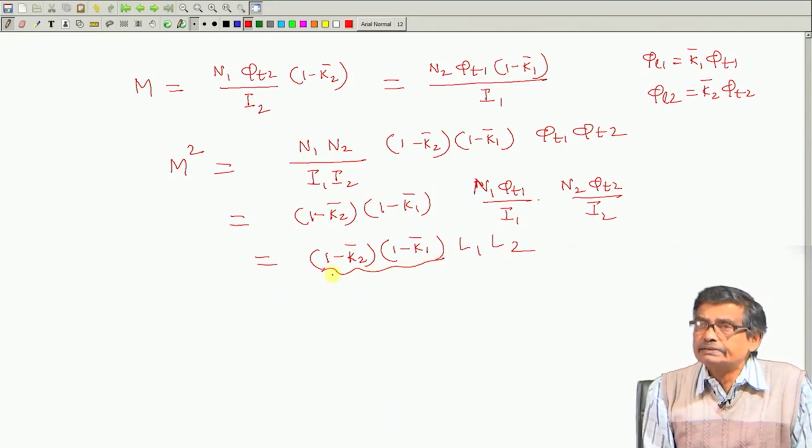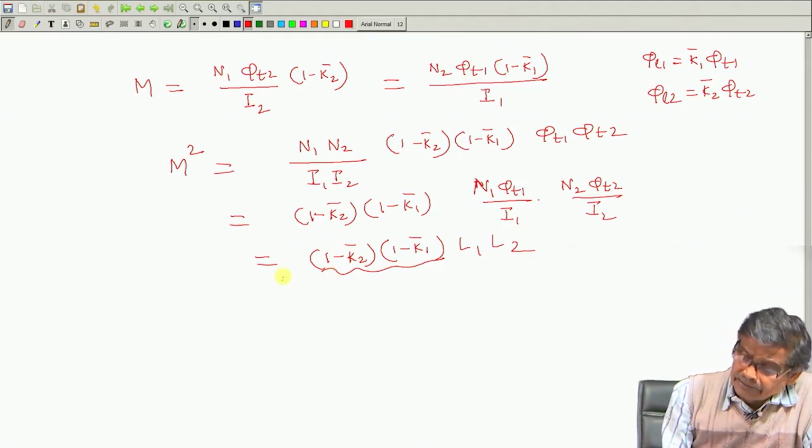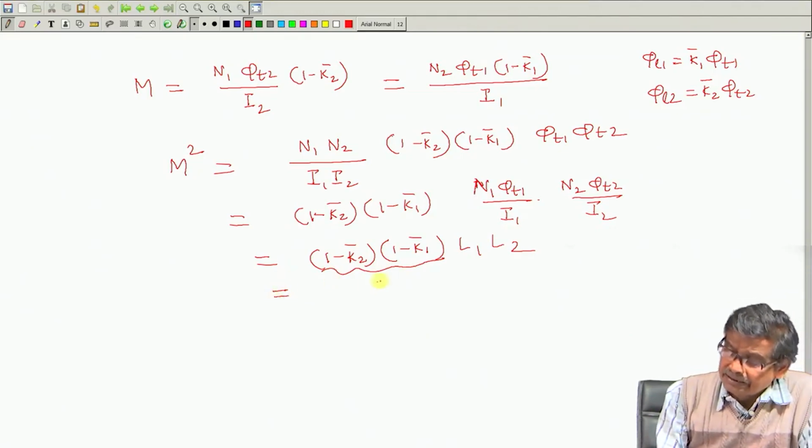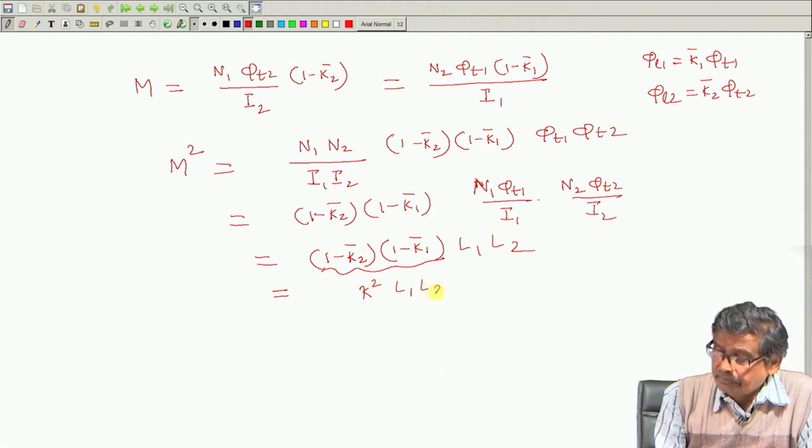These are numbers less than 1, and this can be written as some k square into L1 L2.